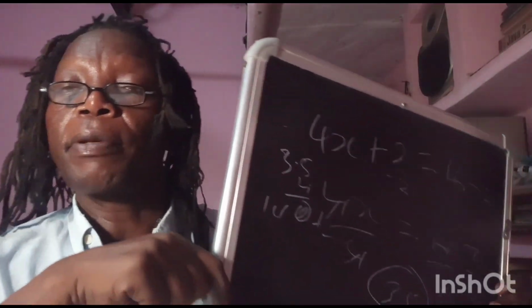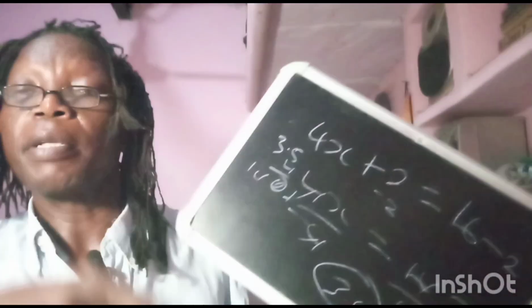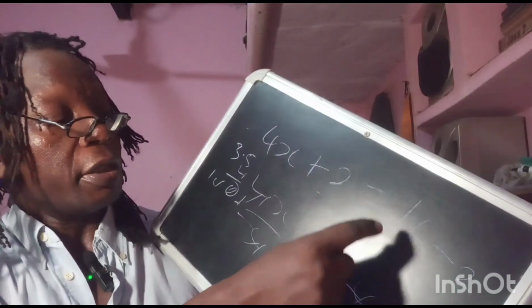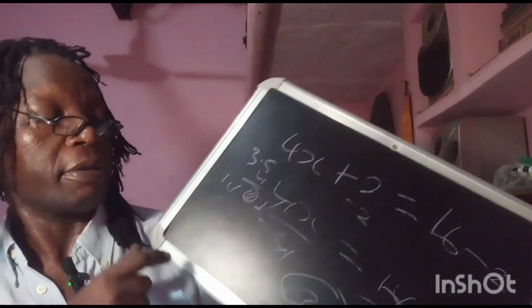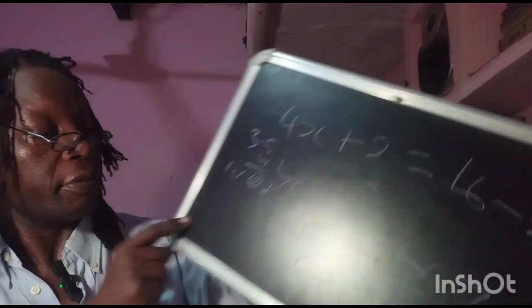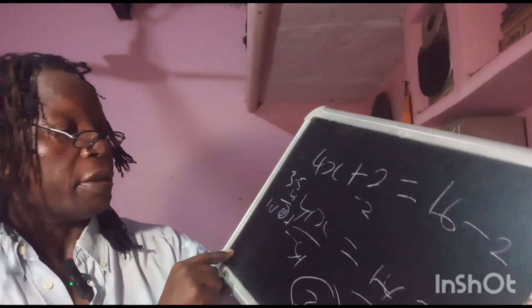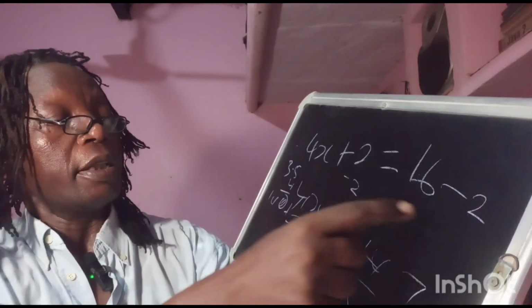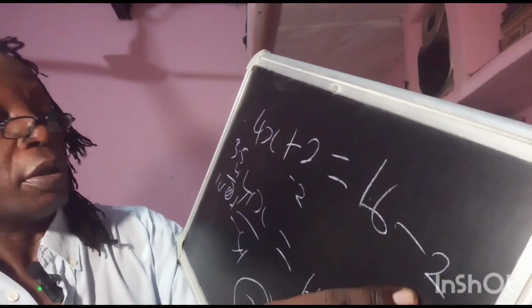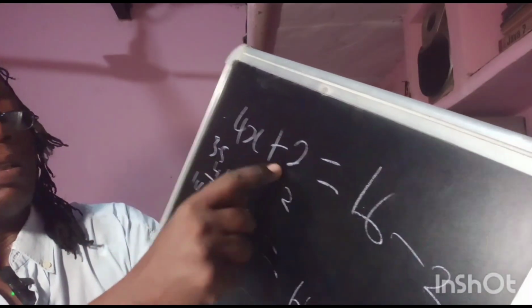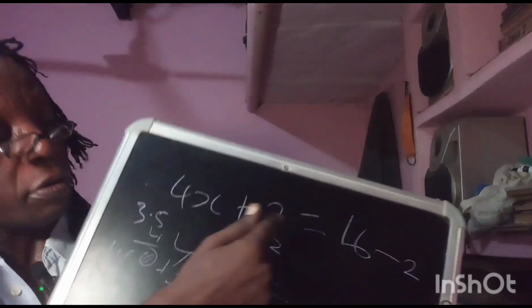Okay, so 3.5 is the answer, because if you multiply 3.5 and this value, it's going to give you 14, and when you add 2, it will give you 16. You're just trying to find the value of x.